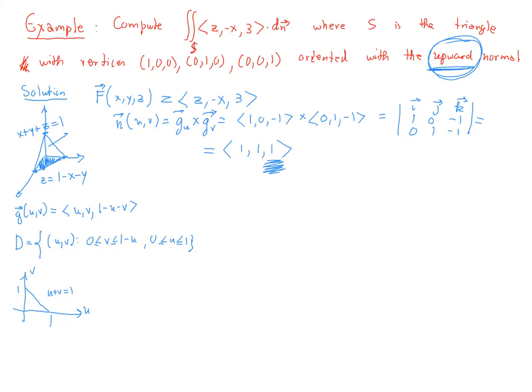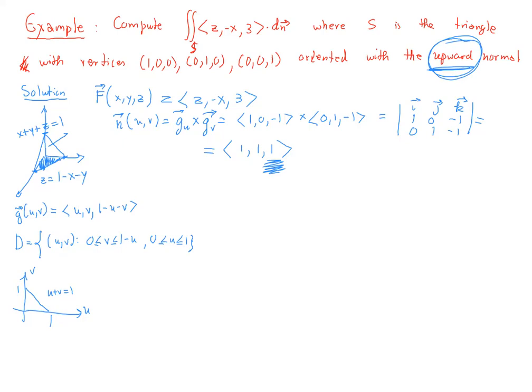So if instead of looking at the function of u v, you look at the function of v u, which of course for the sake of the parameterization, nothing changes, then immediately you're going to get the opposite normal vector. That's one way to look at it if you want to consistently take g_u cross g_v. But you might argue, why not take g_v cross g_u? I mean, there is, again, no particular reason why you shouldn't do that.